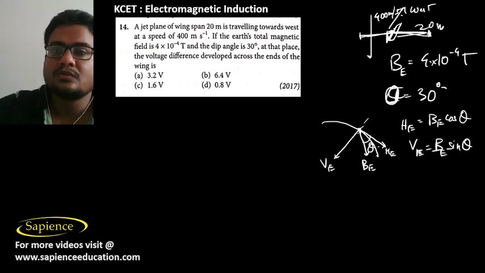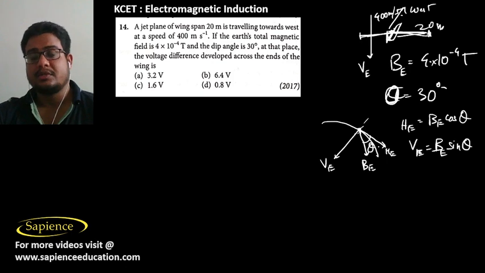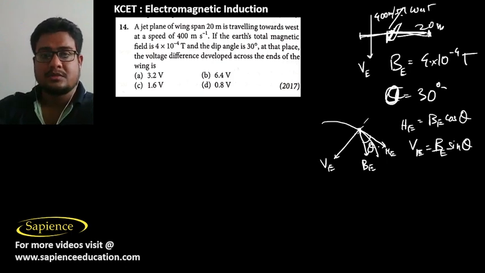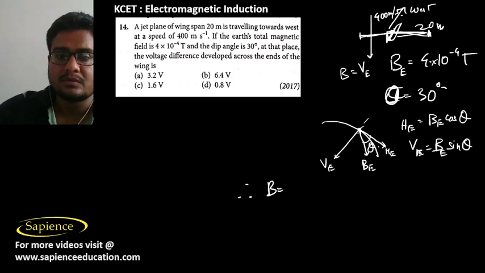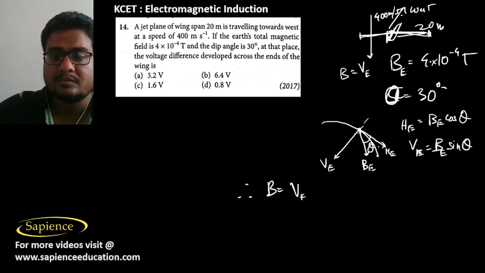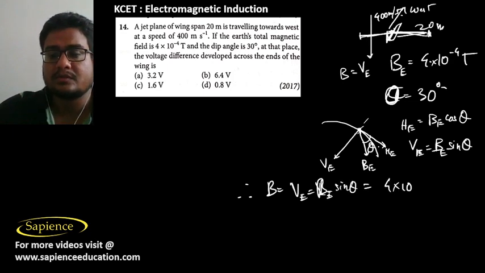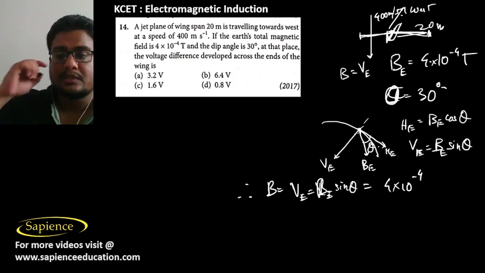So here we should use only the vertical component of the Earth's magnetic field. That will only produce the induced EMF across the wings of the plane. Therefore, the magnetic field that we have to use is B_E sin theta, where B_E is 4 into 10 power minus 4 Tesla.